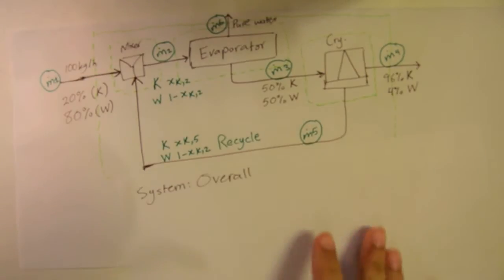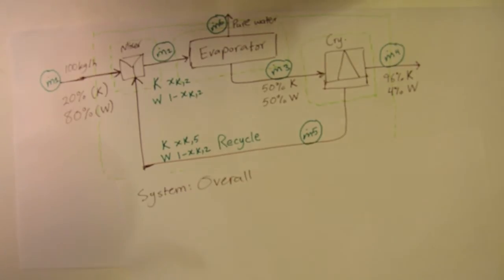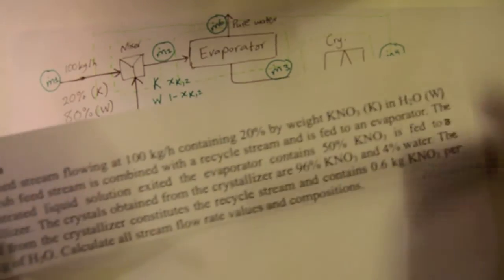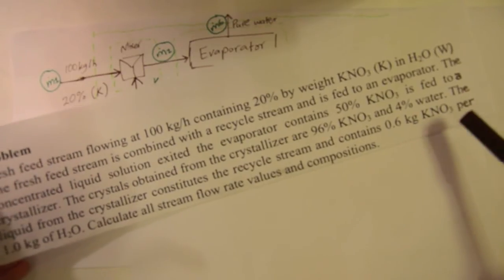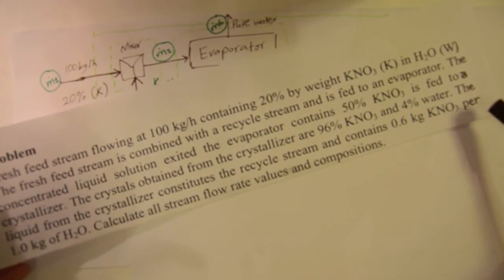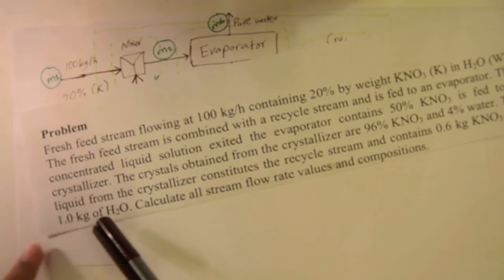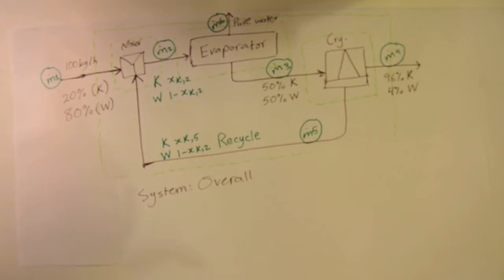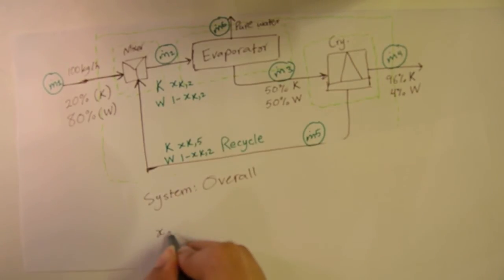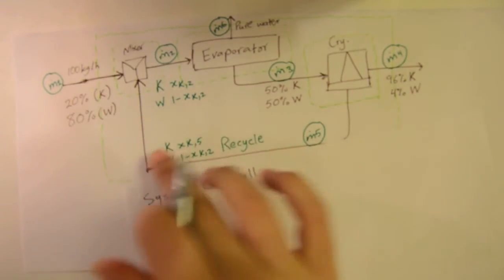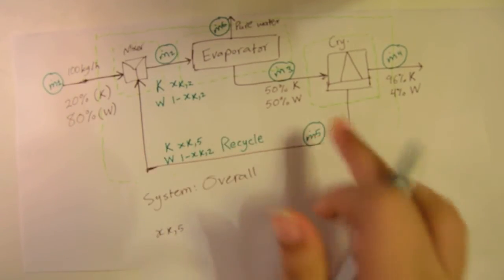We can start solving. The relation said that the recycle stream contains 0.6 kilogram of KNO3 per 1 kilogram of water. So I'll write it as X. We can use it to find the composition of K in stream M5.